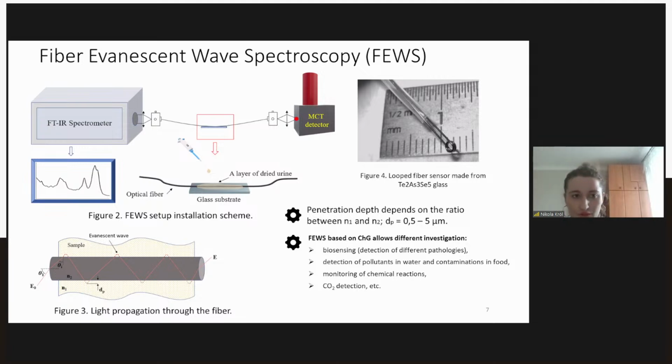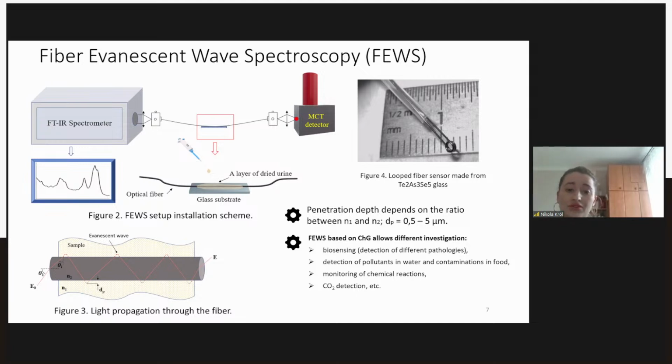As a result, using the MCT detector and the spectrometer, it is possible to read information from the environment surrounding the fiber in the IR spectrum. The scheme of such an installation is shown here, and the fiber is in contact with the experimental sample.